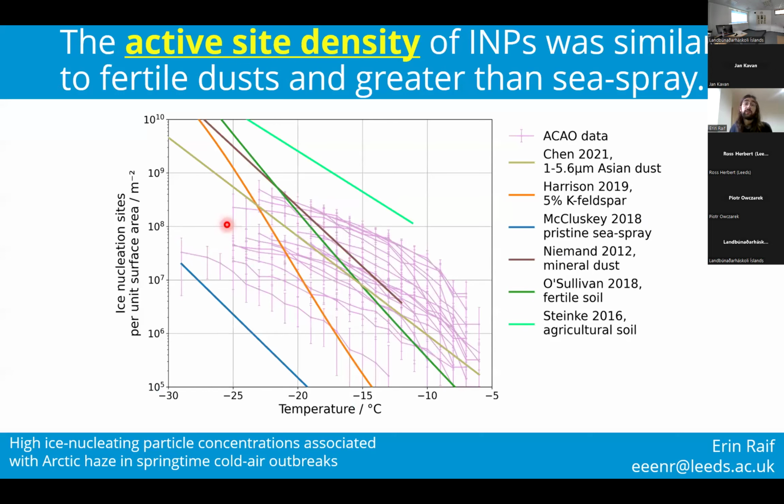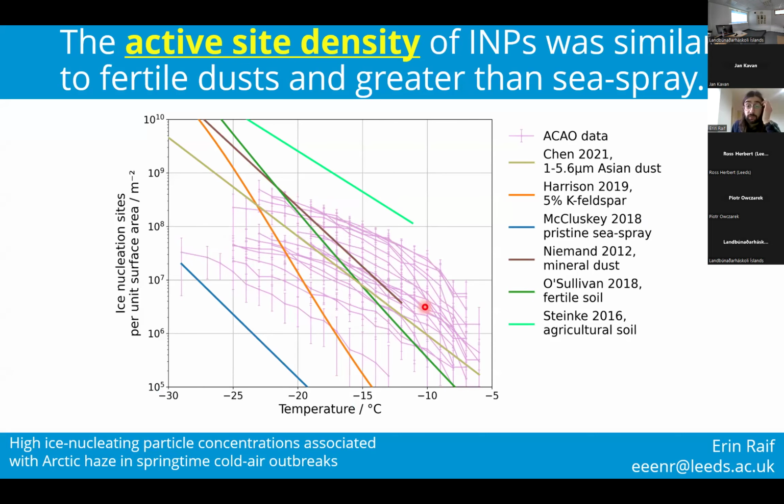And the first line of our evidence was using what's known as the active site density of INPs. So this is a measure of the ability of an ice-nucleating particle to nucleate ice, and its number of ice nucleation sites per unit surface area.